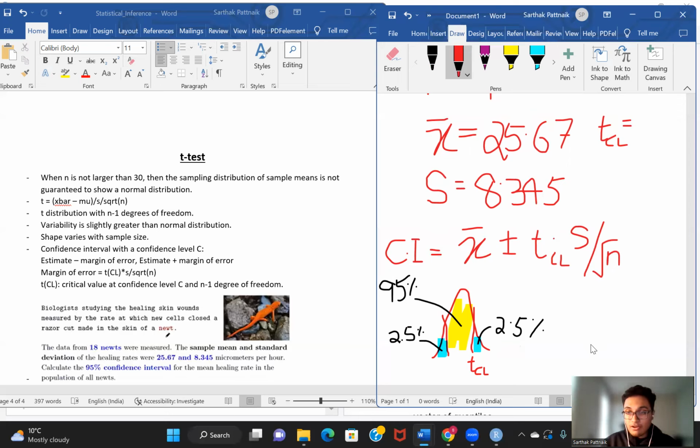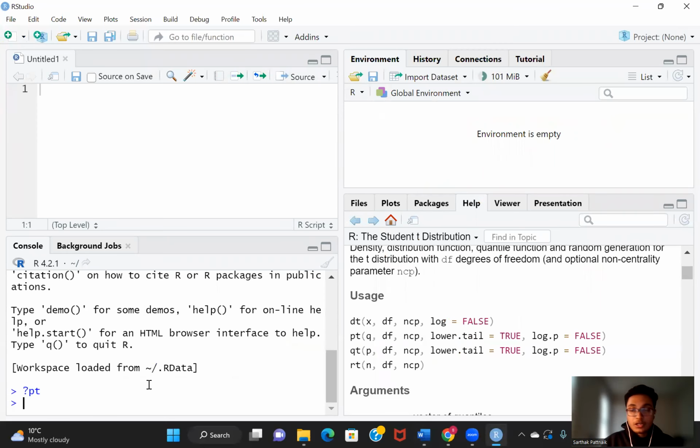That makes it 97.5%. In terms of probability, it can be written as 0.975, right? So how are you going to do it? You know the probability towards the left, and you need to calculate the critical value. So you put in qt, you put in 0.975.